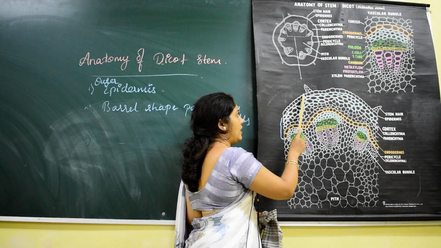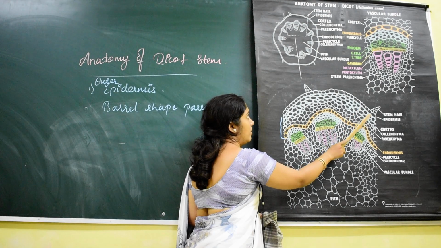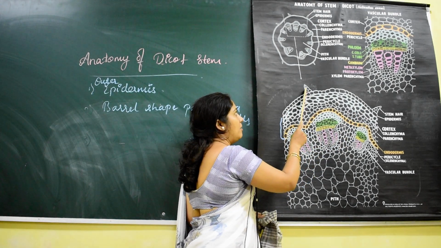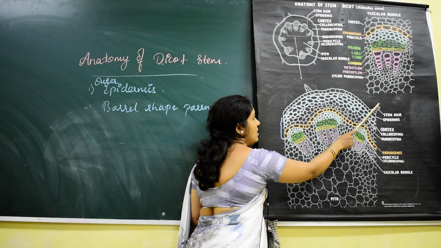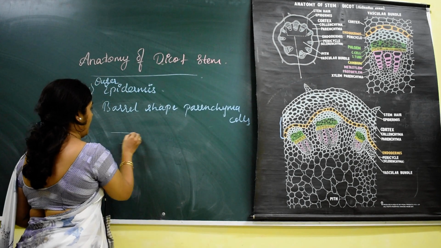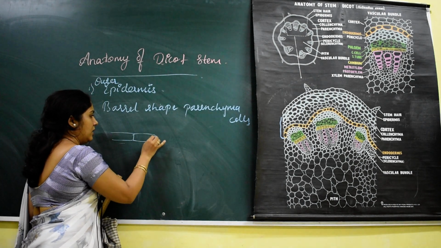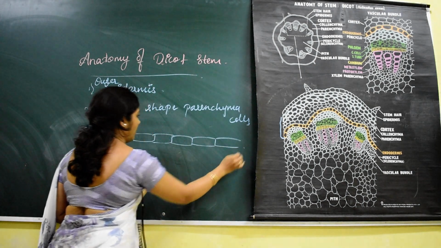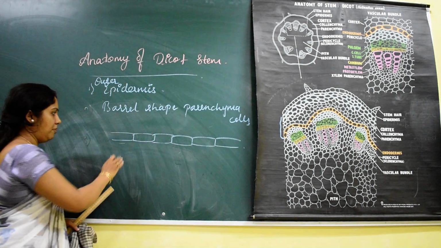This is a single layer epidermis, the outer layer, and certain epidermal cells are modified to form a stem hair called trichome. I will write it here once again, just 4-5 cells. Understood? So this is the outer epidermal layer.